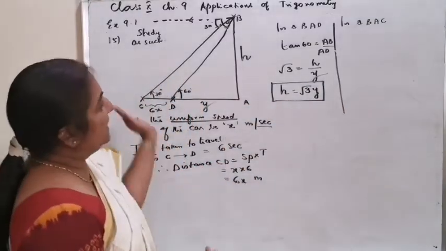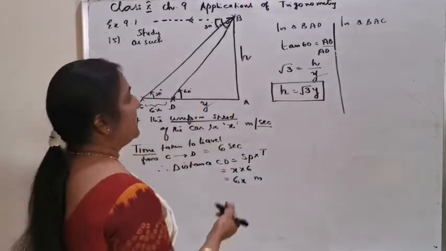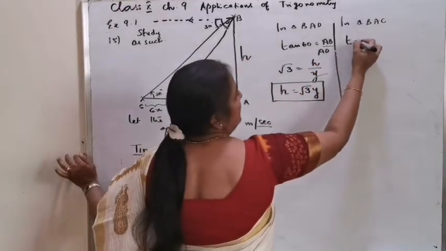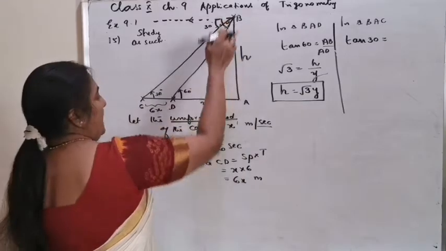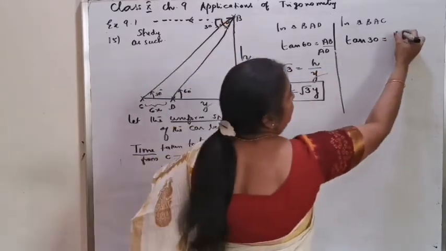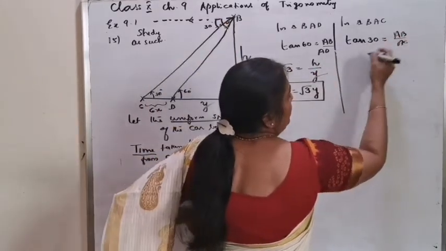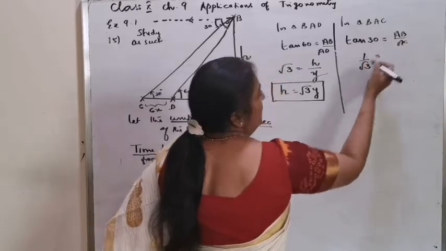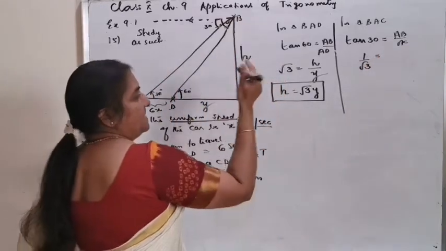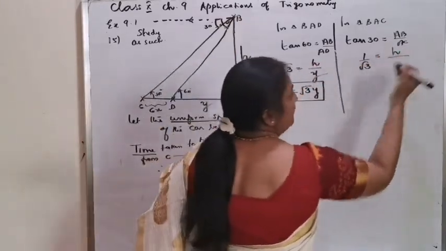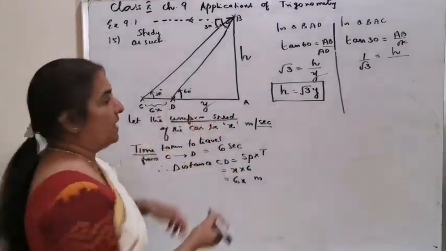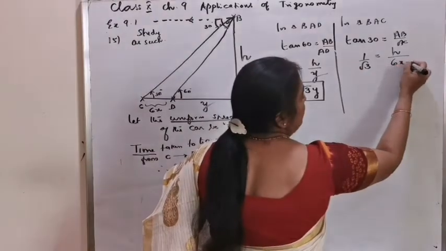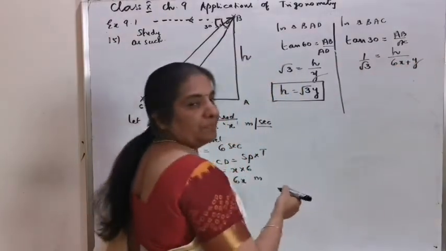And now the next triangle, BAC. In triangle BAC, tan 30 is equal to AB by AC. Tan 30 is 1 by root 3, which is equal to h by 6x plus y.